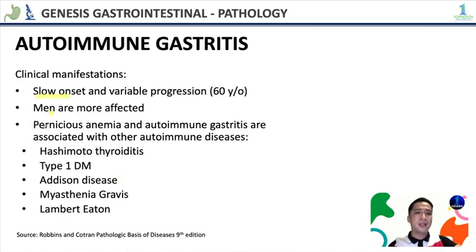Men are more affected. There's pernicious anemia. Other autoimmune diseases: Hashimoto's, type 1 DM, Addison, myasthenia, and Lambert-Eaton. Ano pinakaiba ng myasthenia gravis and Lambert-Eaton? Ang myasthenia, kapag ginagamit yung muscle, doon siya nag-weaken. Sa Lambert-Eaton, habang ginagamit yung muscle, doon siya lumalakas.